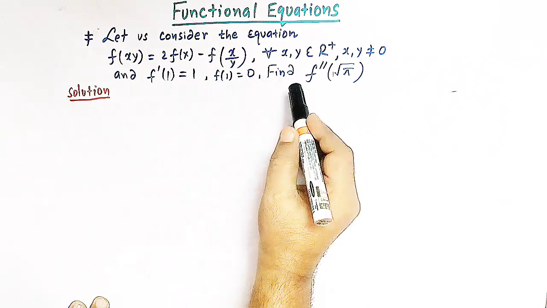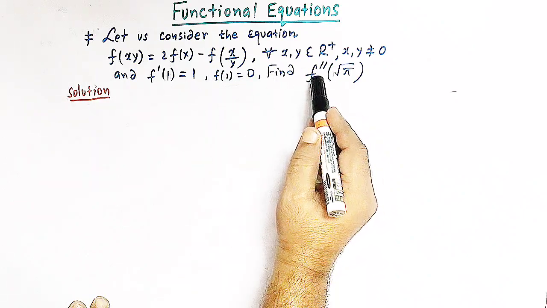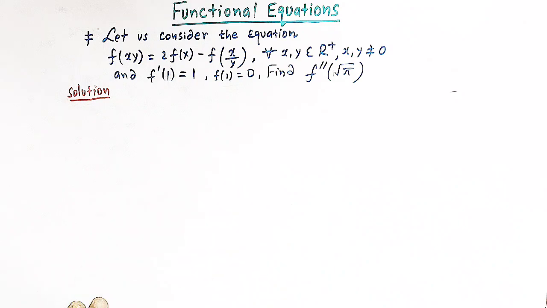We have to find out the second derivative of the function f at the point square root of pi.